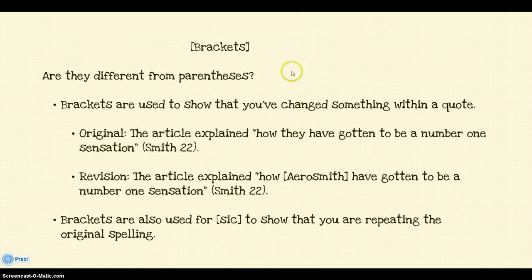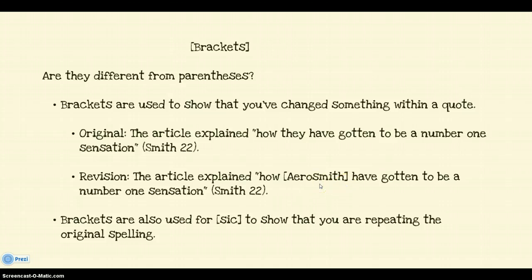Now, sometimes people get confused between parentheses and brackets. Brackets are these square-looking parentheses. They are used to show that you have changed something within a quote. So if the article explained how they have gotten to be a number one sensation, well, maybe I don't know who the they is, so I need to add Aerosmith. So I put some brackets around it to show that the Aerosmith is not what Smith said.